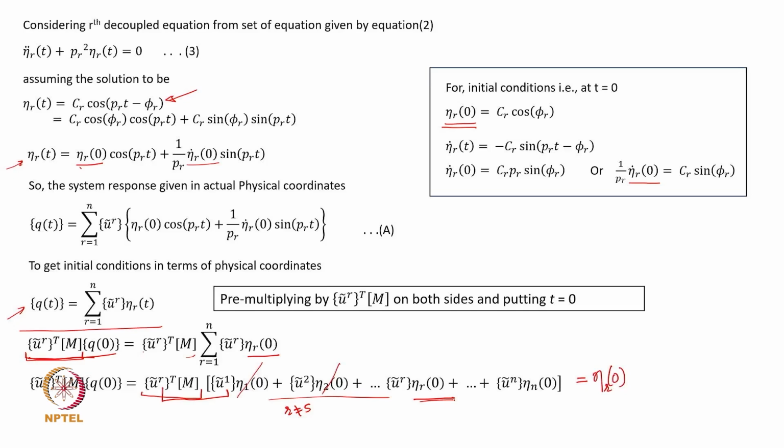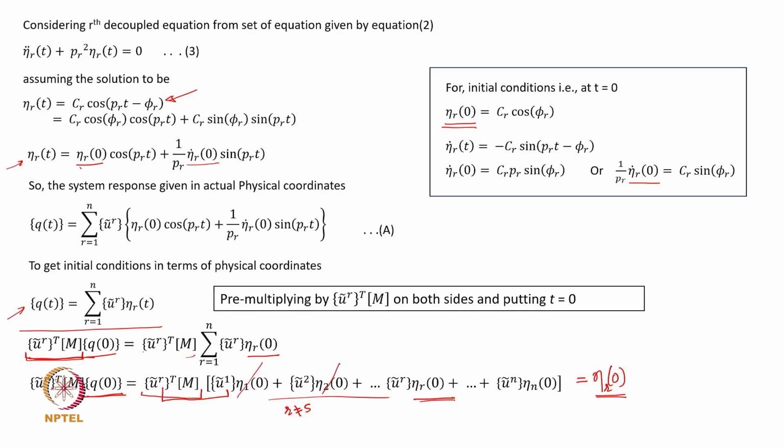You can check that out, which actually means that I have been able to now represent the initial condition eta r at t is equal to 0 in terms of the initial condition in the physical coordinate. So, when you push the mass down as an initial condition, you are giving initial physical displacement to the vibratory system.